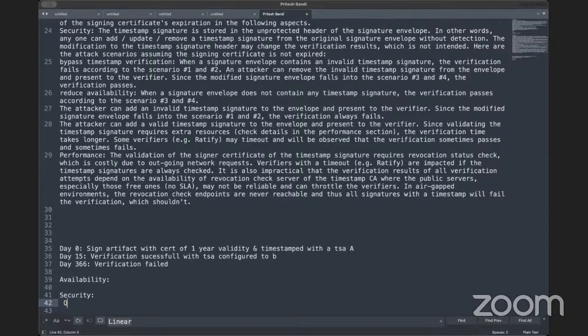But later someone can just remove the timestamp signature, and now it starts passing again, right? And it's totally without detection, and it's also without signing because it is in the unprotected header. So yes, I agree, that's a really good point.